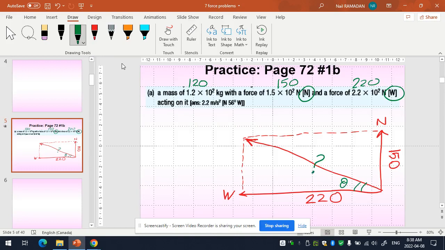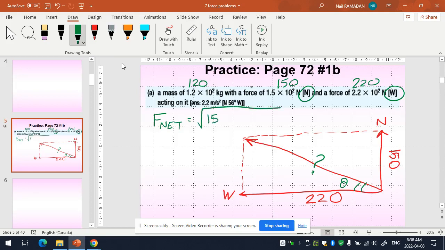Okay, so let's do the calculation really quick next to this one. So F net equals square root of what?